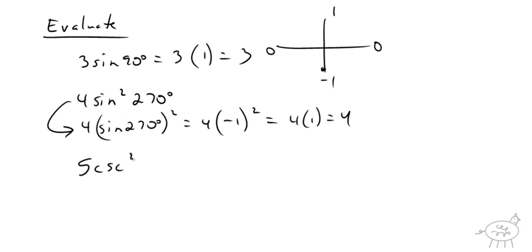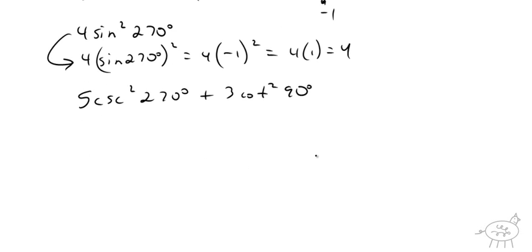5 cosecant squared of 270 plus 3 cotangent squared of 90. Brutal. It's not that bad. I don't know cosecant. No clue. But I know cosecant goes with sine.